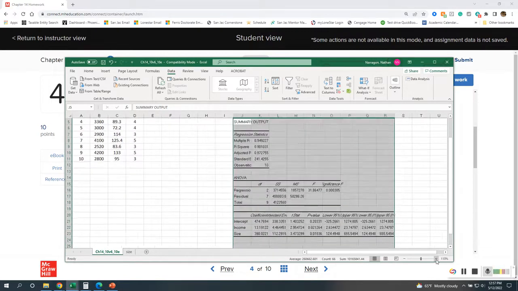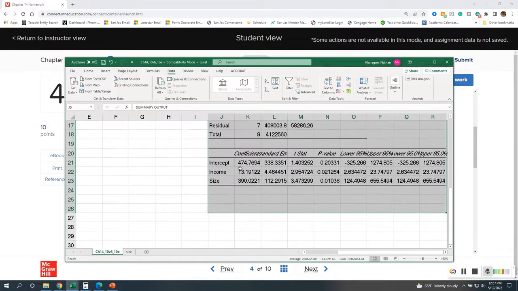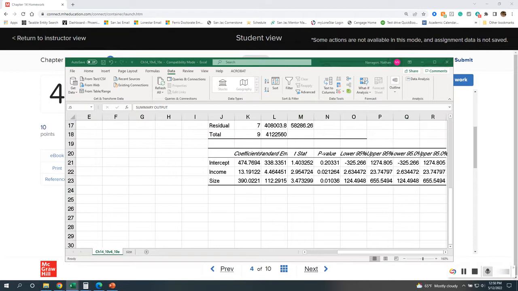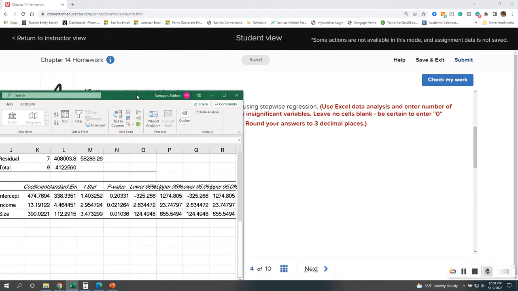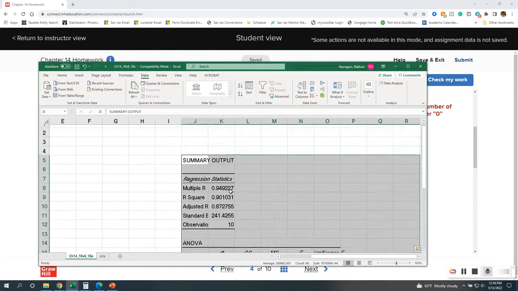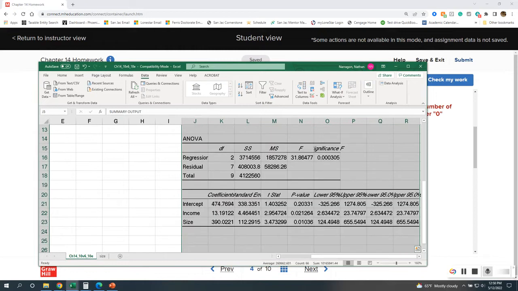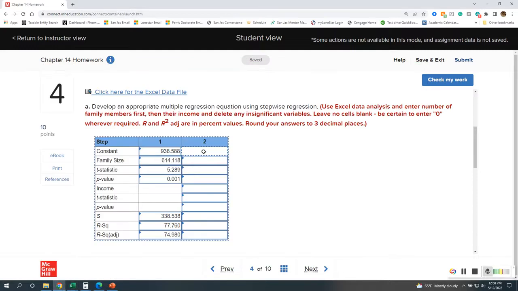Alright, so it's going to produce this one. Now with 2, our income and size. So now we have completely different information for income. But we're going to be focusing on size. So now my y-intercept is 474.7694.